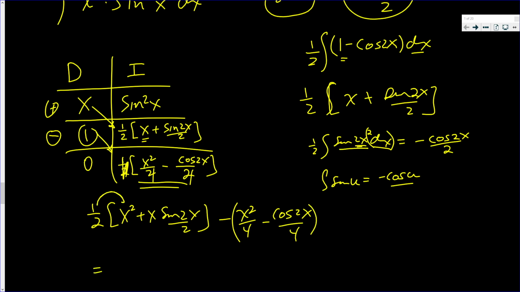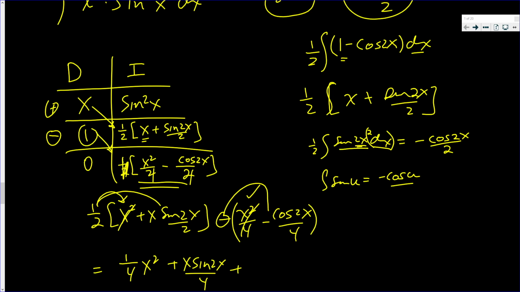So we have half x squared, and we're taking away 1/4 x squared. So we have 1/4 x squared left over. And we are adding on x sine 2x over 4. And minus minus means plus. So we're adding on cosine 2x over 4, plus a c.